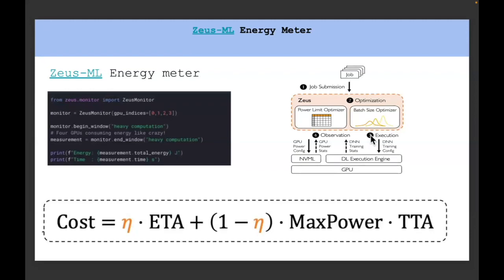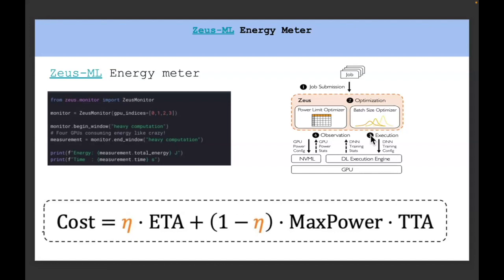energy profilers. So we inspected several energy profilers. One of them is Zeus. Most of them read the information, in the case of GPUs, from NVML, and in the case of CPU, they utilize the information from the Running Average Power Limit in the case of Intel CPUs.